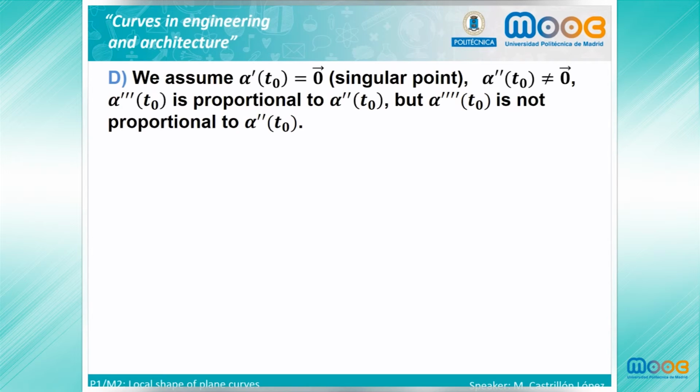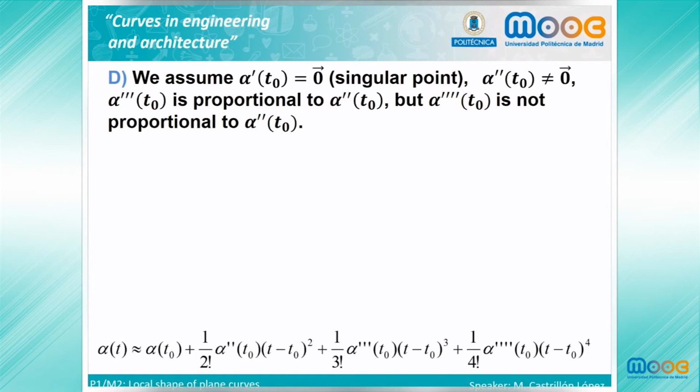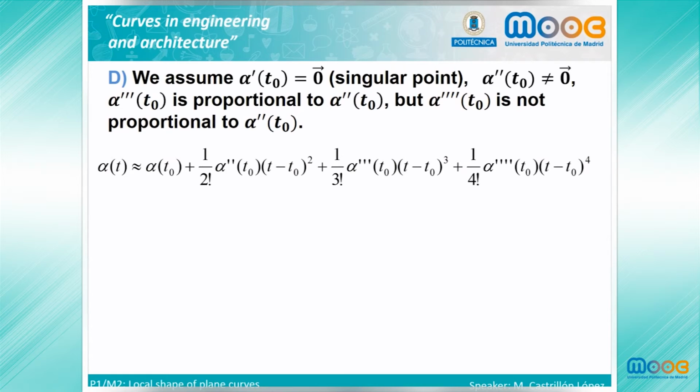And then we have to go up to the fourth derivative to find a vector which is not proportional to the second derivative. We then consider the fourth-order Taylor polynomial of the curve, and we can drop the part associated to the third derivative, as t minus t0 to the cube is much smaller than t minus t0 squared when t is very close to t0.